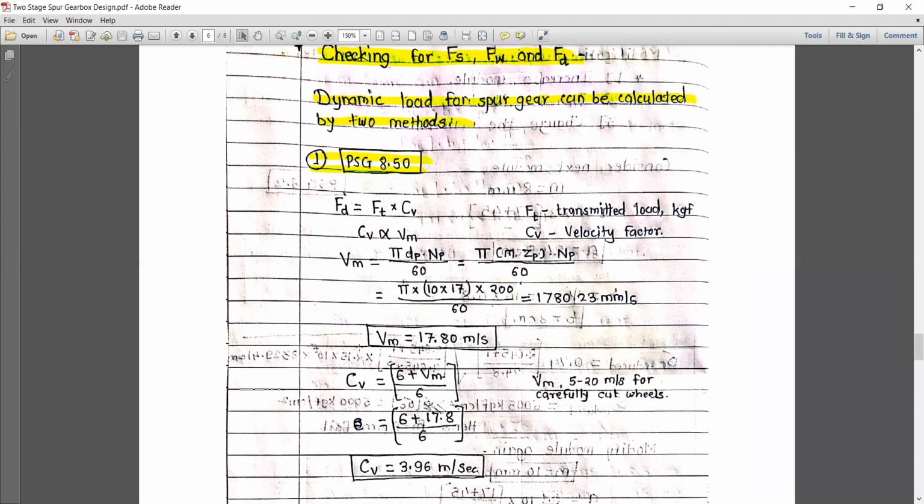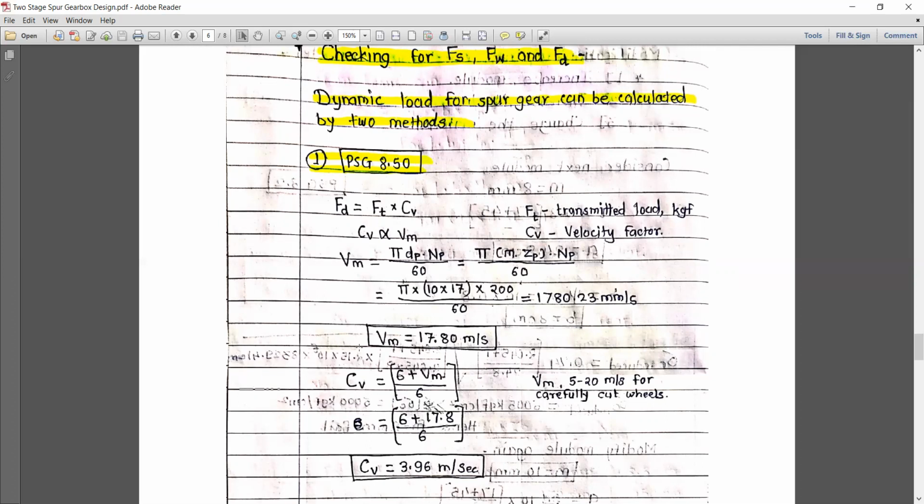As I said, module into number of teeth on pinion. Putting all the values, what we get? V is equal to 1780.23 millimeter per second. So it is nothing but 17.80 meter per second.